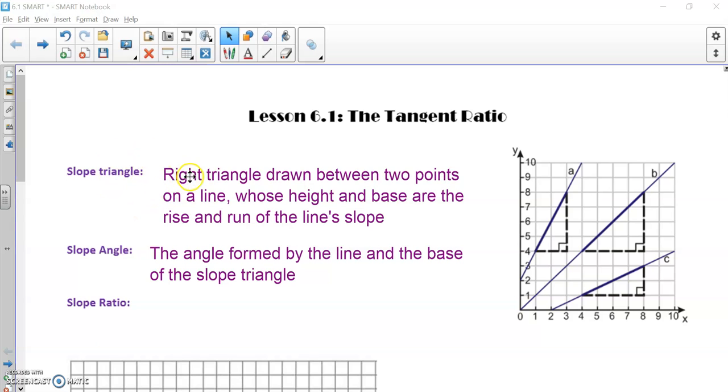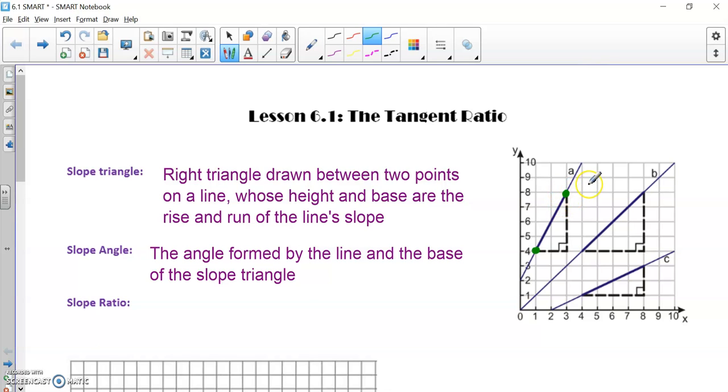A slope triangle is just a right triangle drawn between 2 points on a line, and the height and base of that triangle are the rise and the run of the line's slope. Here I have a picture with 3 slope triangles for 3 different lines. This triangle starts at a solid corner point on the line, not in between boxes, and goes up to another solid corner point.